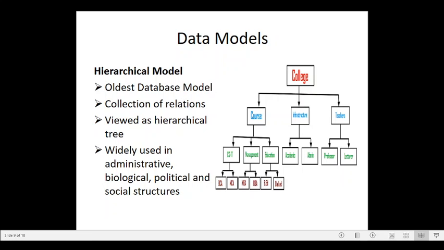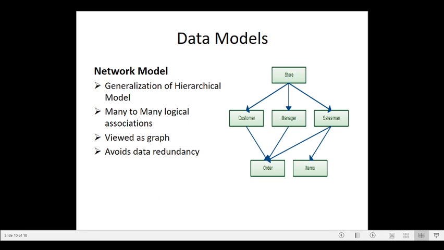This model has many advantages over other models such as simplicity, data sharing, data integrity, and efficiency. But it also suffers from some drawbacks like complexity, inflexibility, and database management problems.